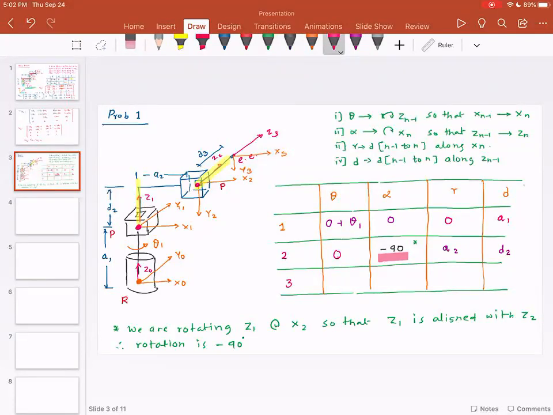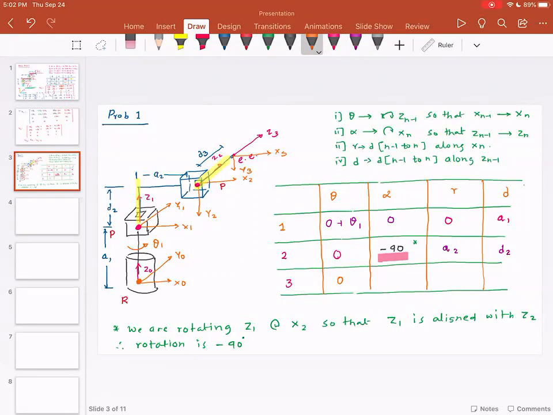This number 3 is, again, the value of theta. Theta is about zn-1, so we are looking at z2. So a rotation about z2 so that x2 is aligned with x3. Please note that both of them are already aligned, so I have a 0.